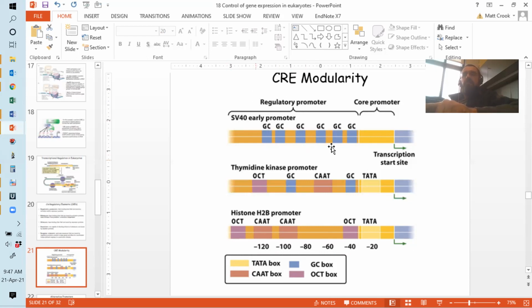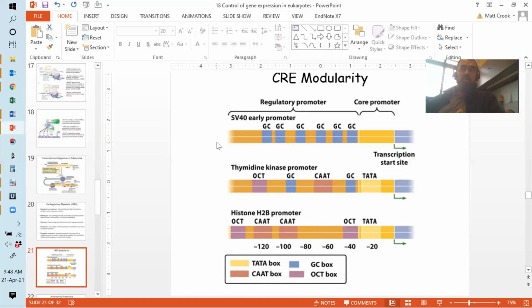So for example, the SV40 promoter drives a huge level of expression. This is a promoter that's used quite often in systems used to produce proteins, right? So if you want to produce a lot of protein, insulin, let's say, you would put that under the control of an SV40 promoter, right? Because that will just drive really high levels of expression.